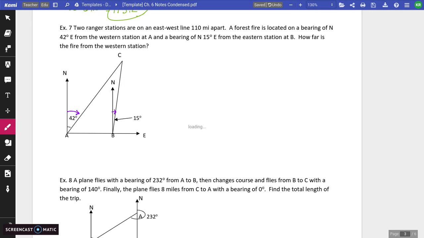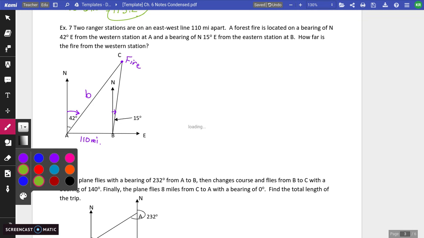The other piece of information we know is the distance between A and B is 110 miles. So what is it we're looking for? How far is the fire from the western station? Our fire is up here at C, the western station is A, so we are looking for this side B. What information do we know?